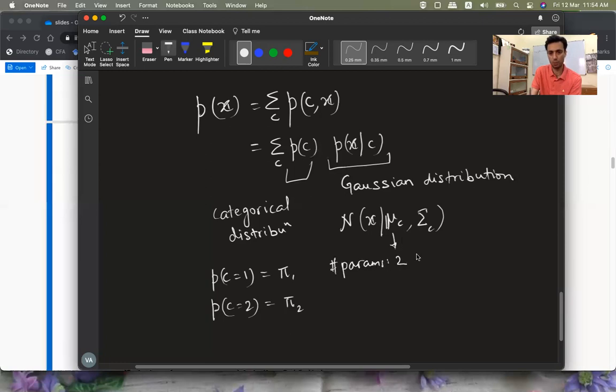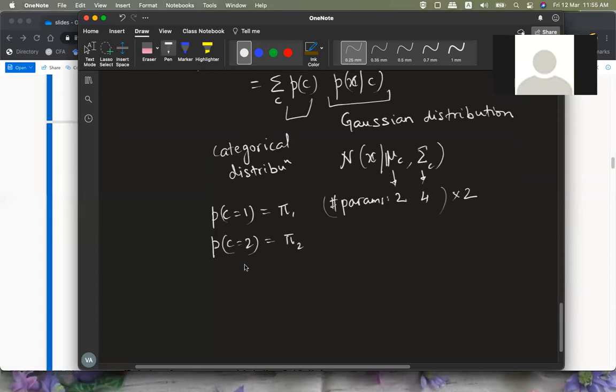This has got 2 and this has got 4, right? And this whole thing into 2, so in total we have got 12 parameters in the two Gaussians. Now in the categorical distribution, how many parameters are there?